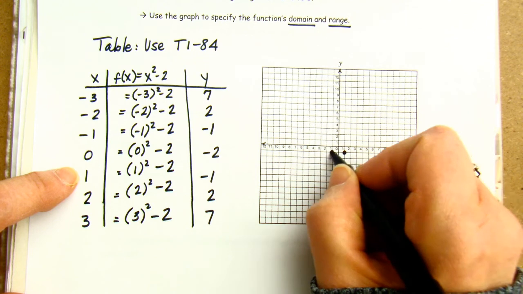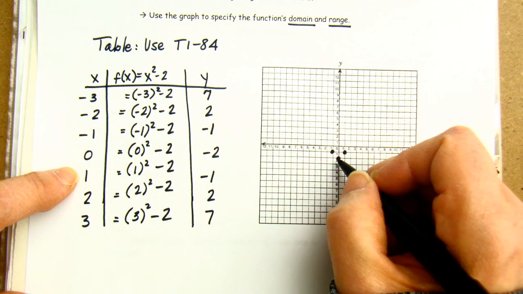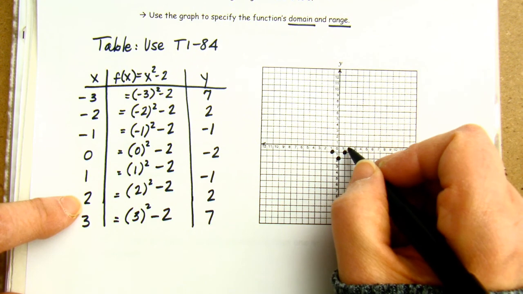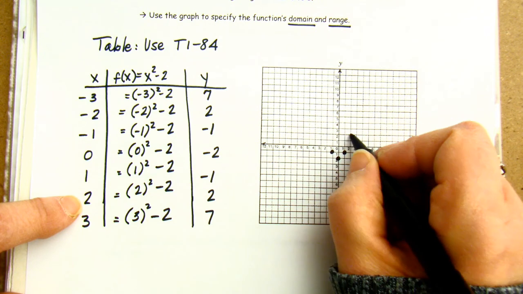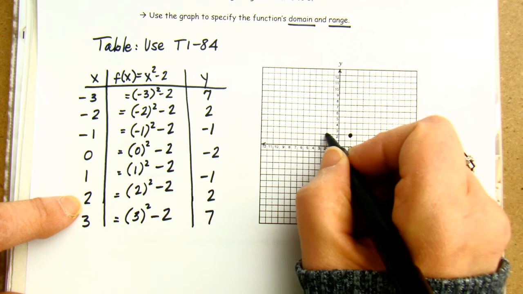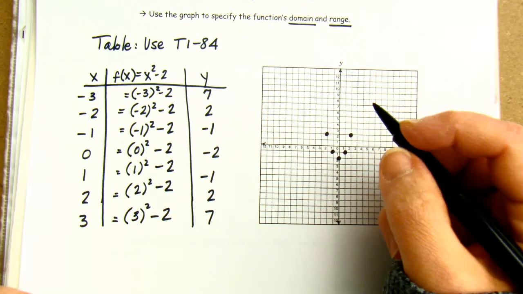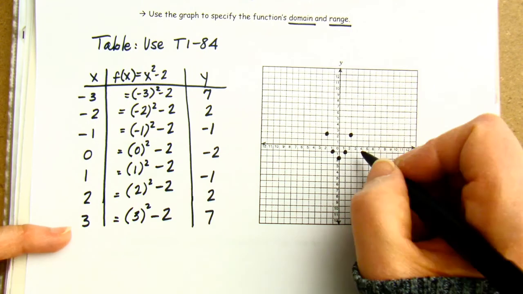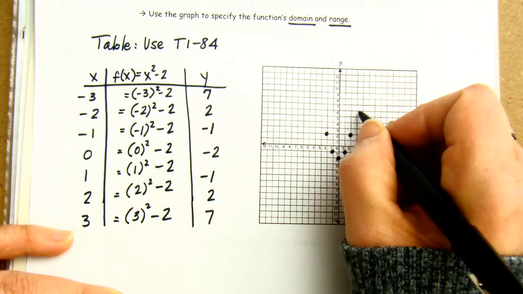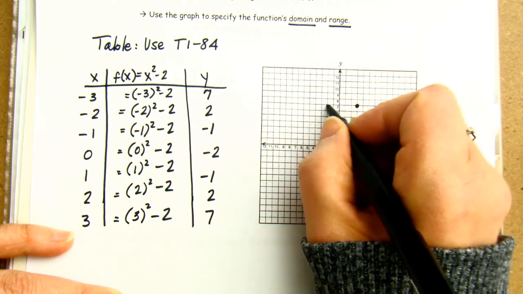I can use the axis symmetry, if you remember that from Alg 2. When x is 2, y is 2. Axis of symmetry. When x is -2, y is 2. Yep, it works. And when x is 3, y is 7. Axis of symmetry. There we go.